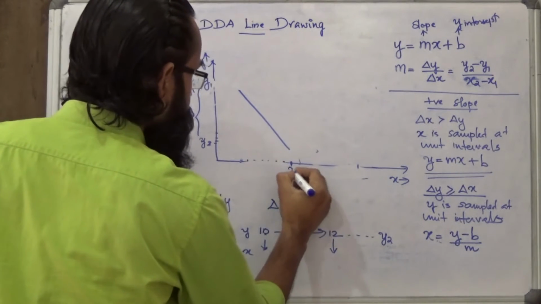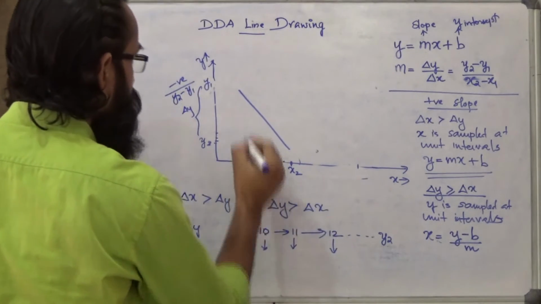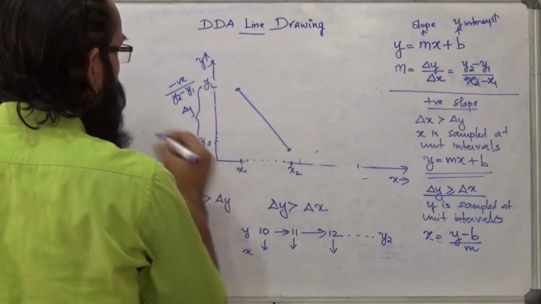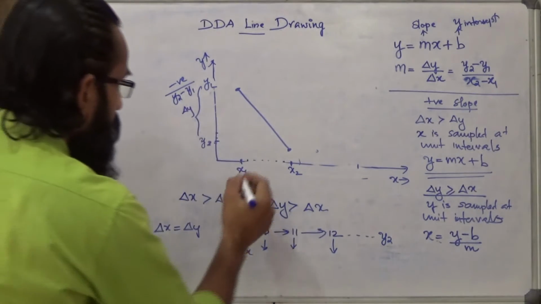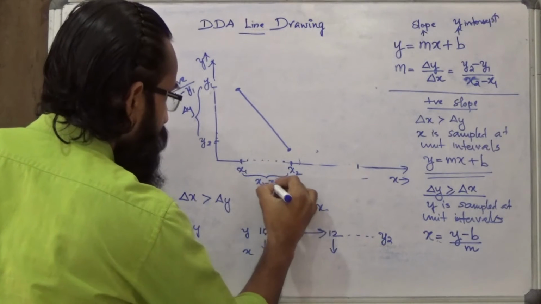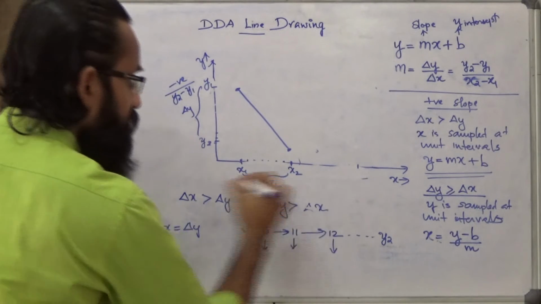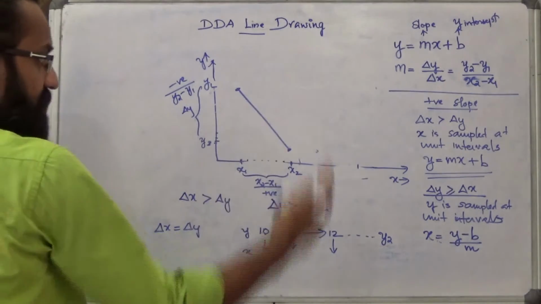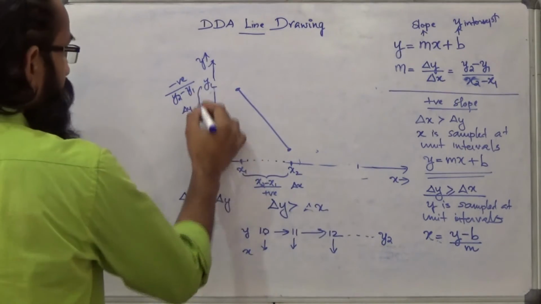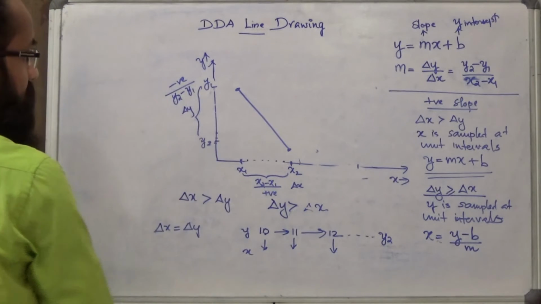So this is x2, this is x1. This is the first endpoint, this is the second endpoint, and this is y1 and this is y2. And if we consider x2 minus x1, that is positive. And if we consider y2 minus y1, that is negative.